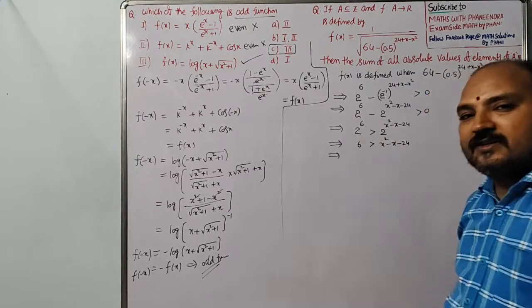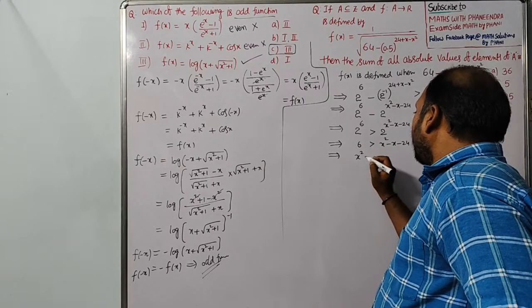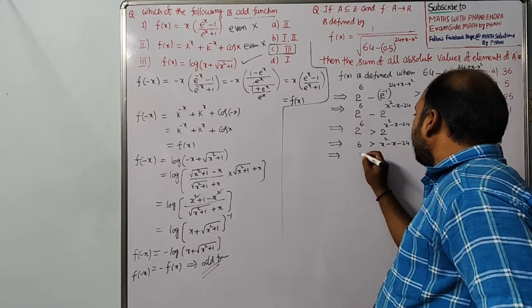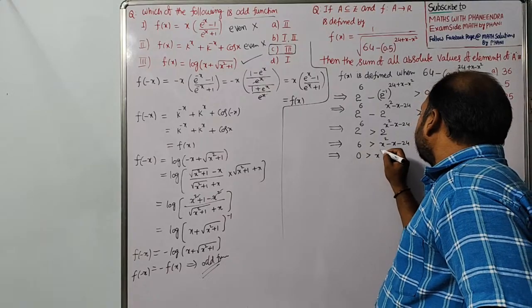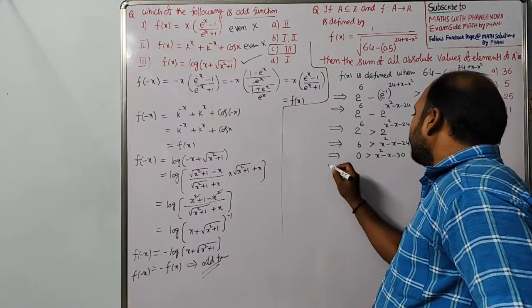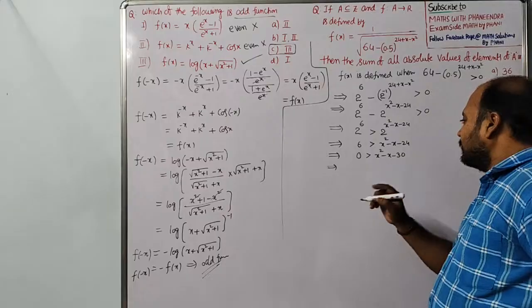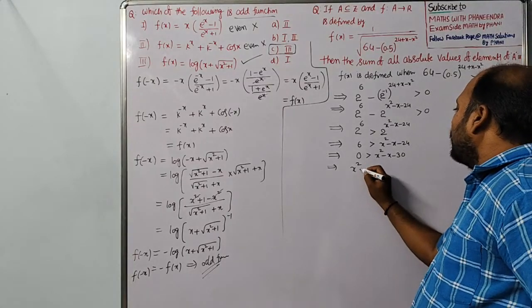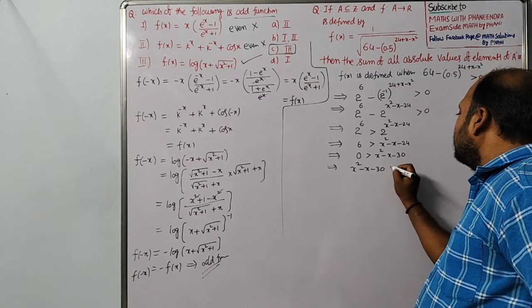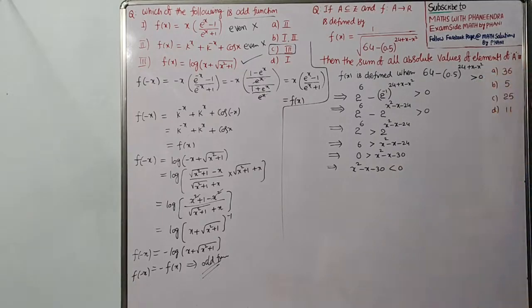That implies that, x squared, sorry, this 6 will bring the sign: 0 is greater than x square minus x minus 30. That means this one we will do the factorization. x square minus x minus 30 is less than 0. Okay?